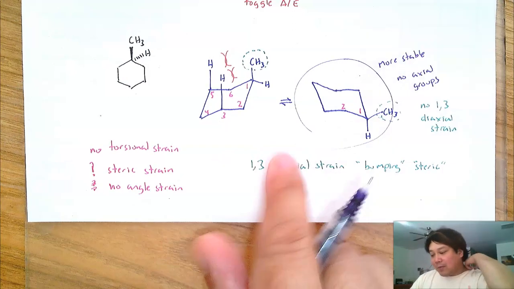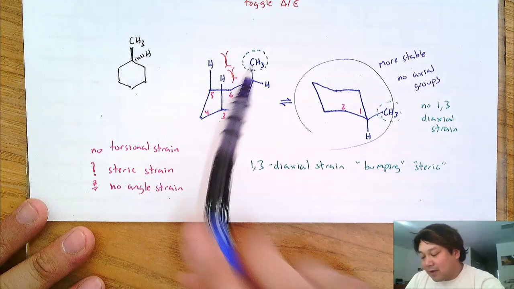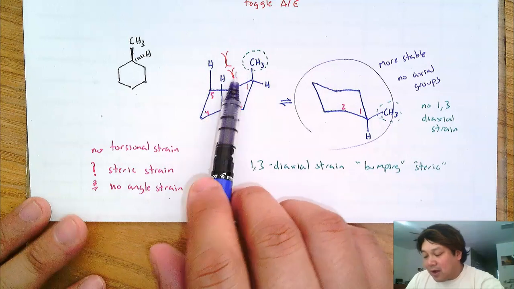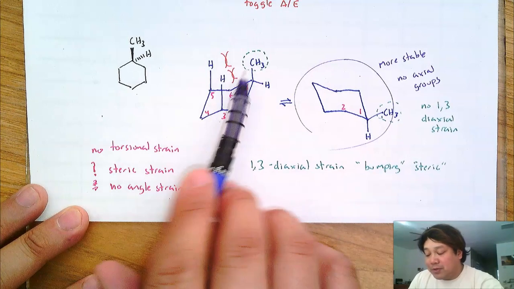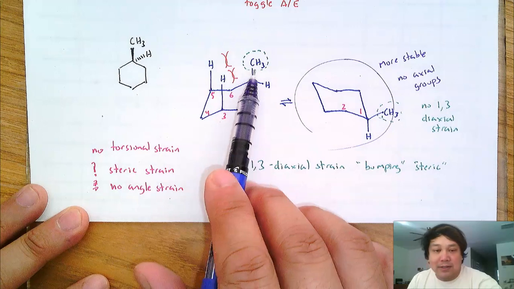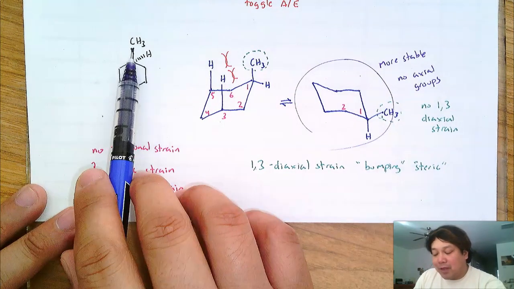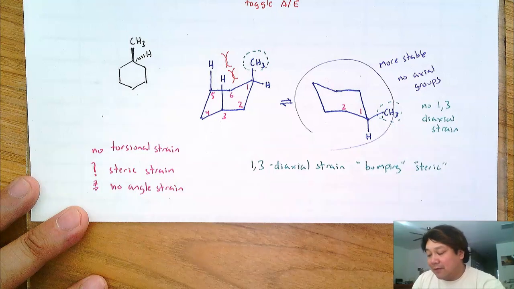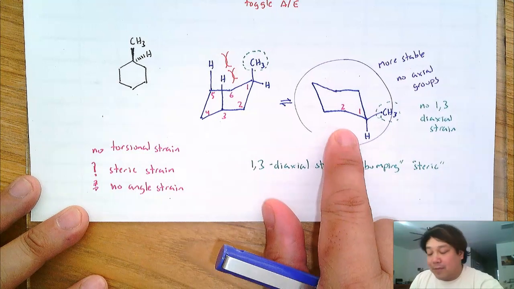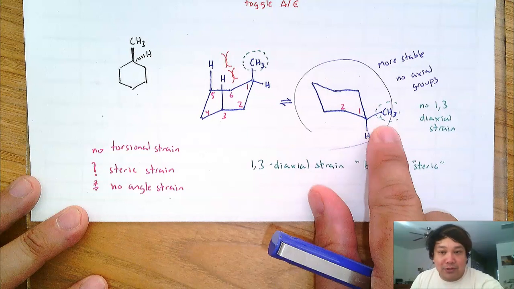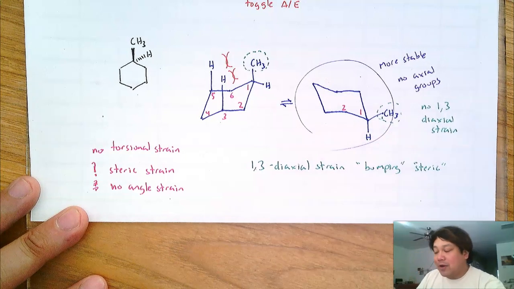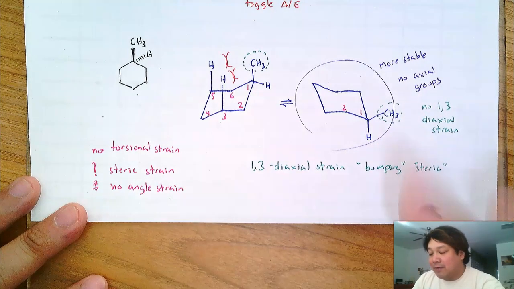Now, I know that we have hydrogens that are axial, but hydrogens don't bump into each other when they're axial. Hydrogen is small enough. But when you start replacing that hydrogen with a methyl group, then you start to favor the conformation where the group is in the equatorial position. Okay, so you're trying to minimize the number of axial groups.